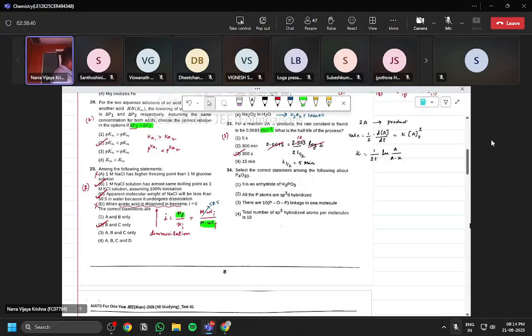Select the correct statement among the following about P4O10. What is the P4 molecule? Tetrahedral, correct? Discrete tetrahedral molecule, P4. Right? Now, P4O6 means place oxygen between P and P bonds. Then it is called P4O6. Does it have 6 oxygens or not?